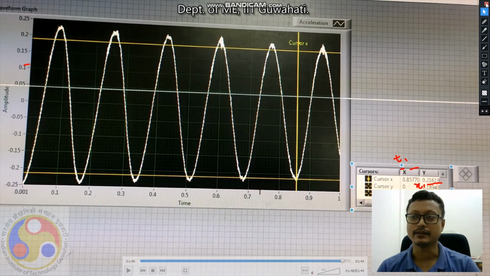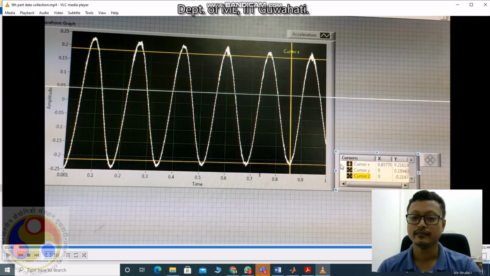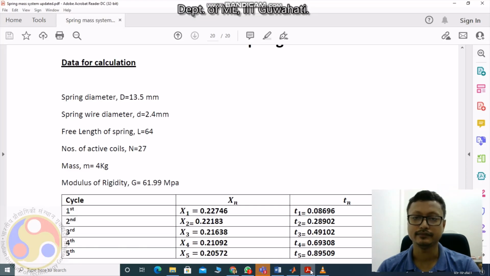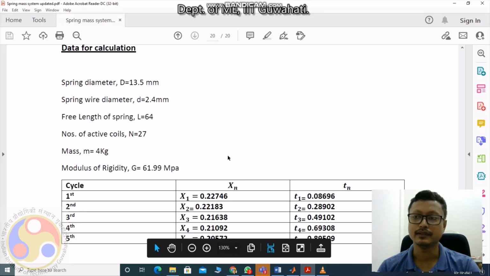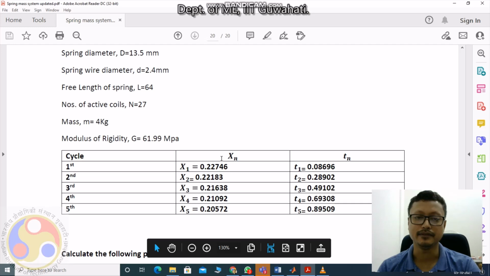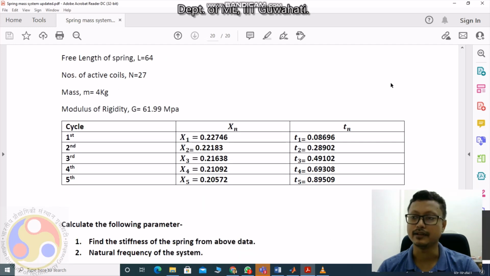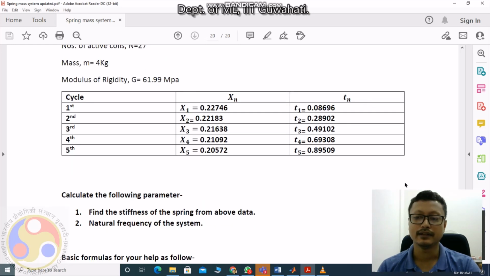So again, I'm back to my manual. From the last video of the accelerometer data, for 5 cycles we are getting the data.